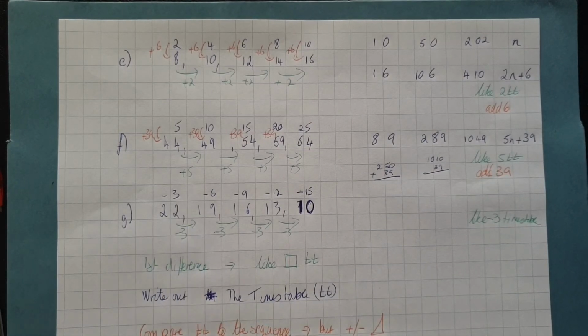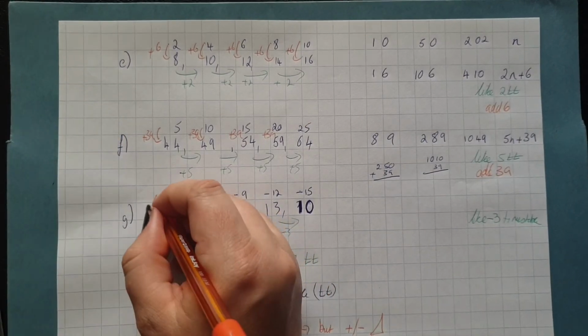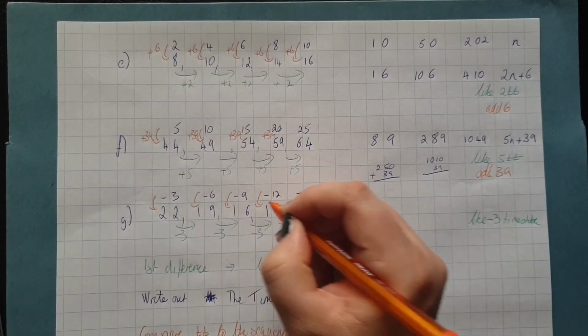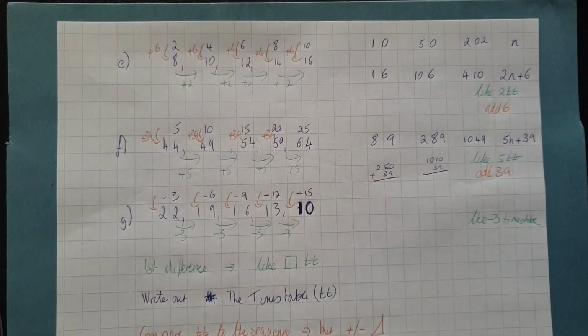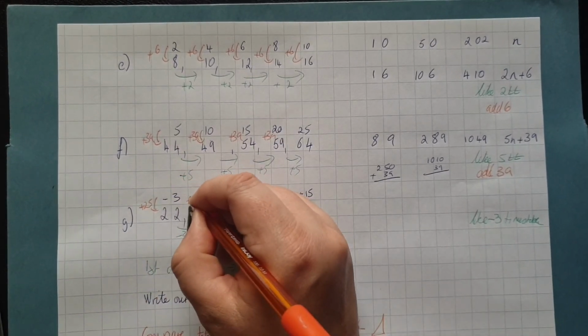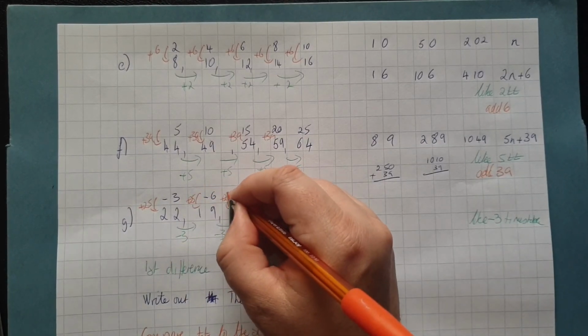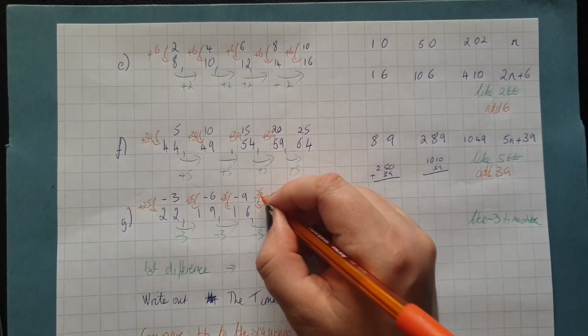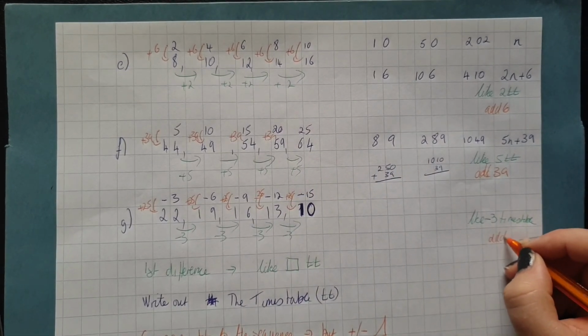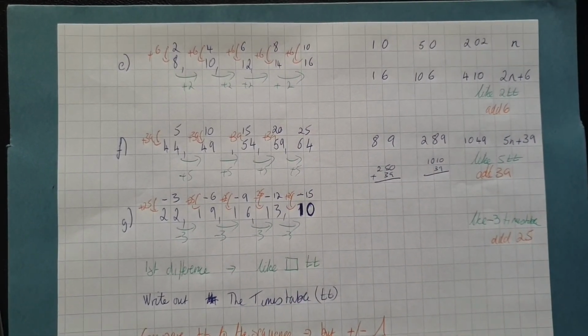What are we doing to negative 3 to get to 22? We are going up, it's getting positive, and how far are we going up? We're going up 25. Okay, so that's written out in words, so it's like the negative 3 times table, adding 25.